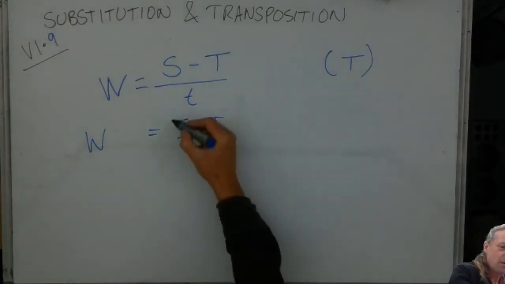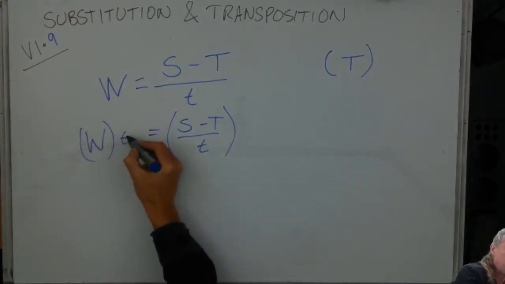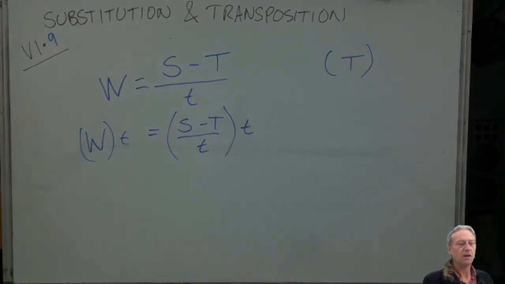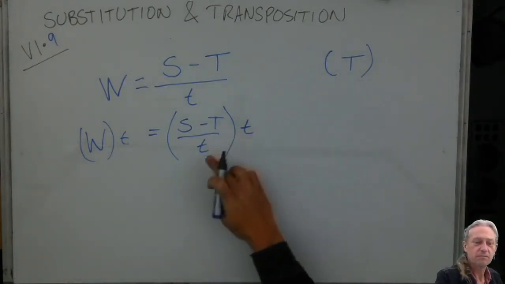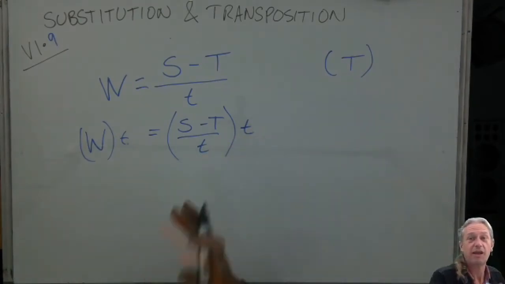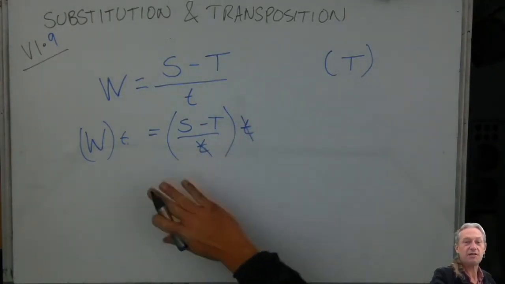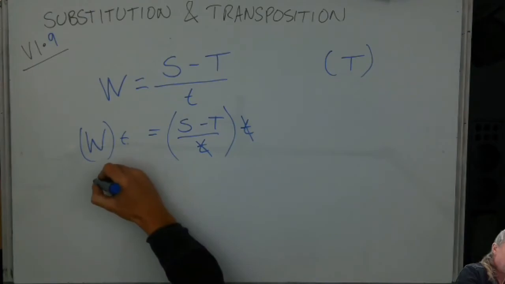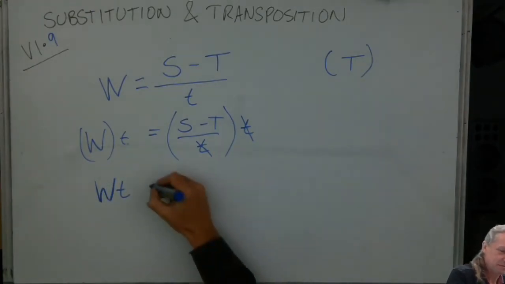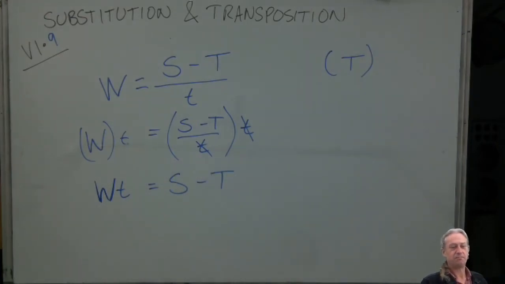And like we did before, I'm going to put brackets around both sides and multiply by little t. On this side, we're multiplying by little t and dividing by little t, so they cancel out. That essentially equals 1, so it disappears on that side, and over here we've got big W multiplied by little t equals S take away T.